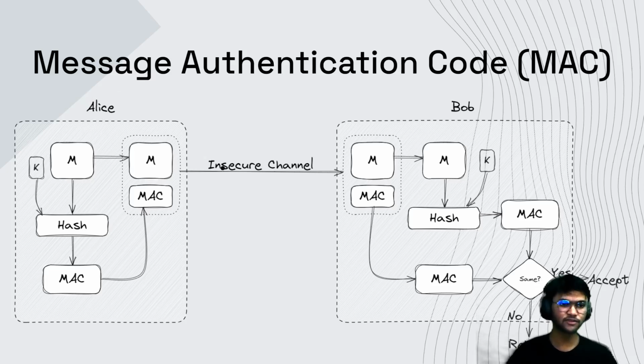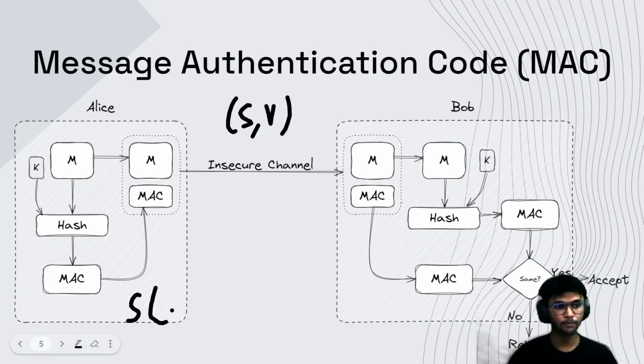A MAC consists of a pair of a signing algorithm S and a verification algorithm V. The signing algorithm takes in the message M along with a secret key K to generate a valid MAC.